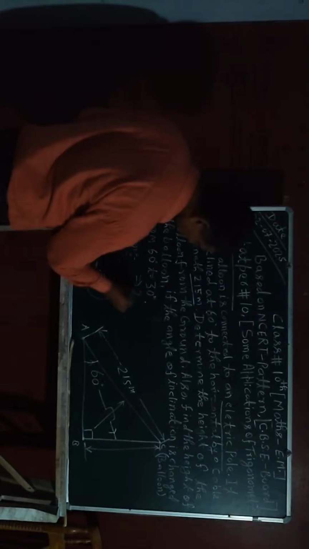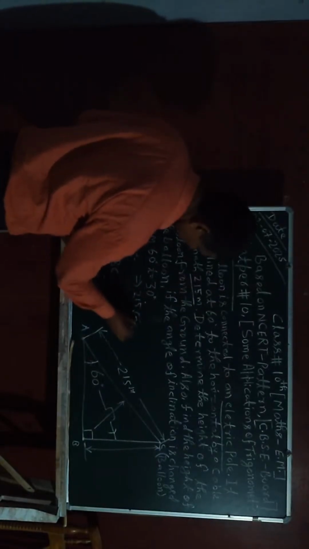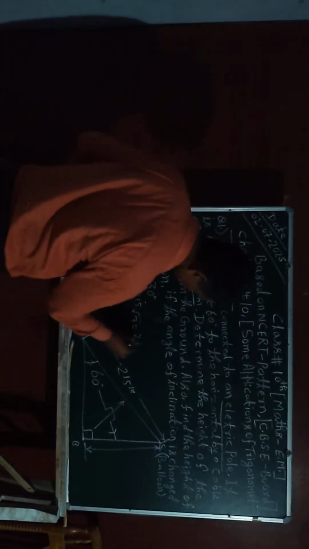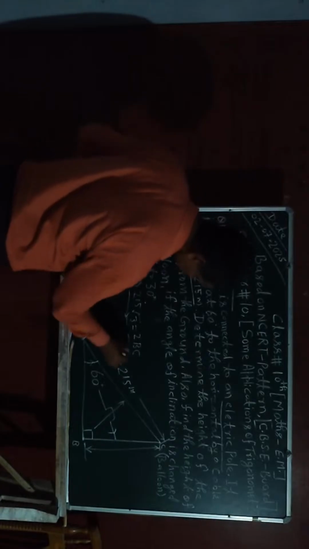So I will write 215 into root 3, which is equal to 2 into BC. Okay. So further I will write here. This is the left hand side and this is the right hand side.